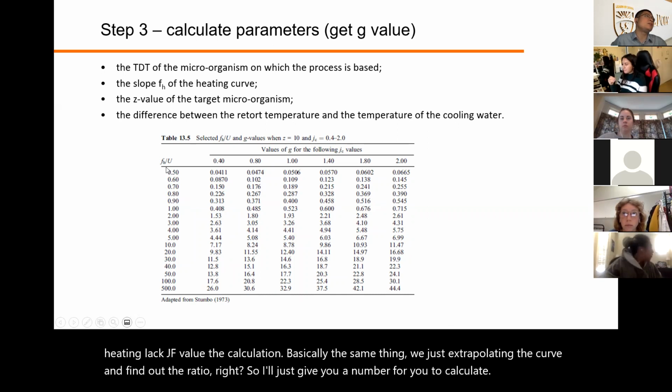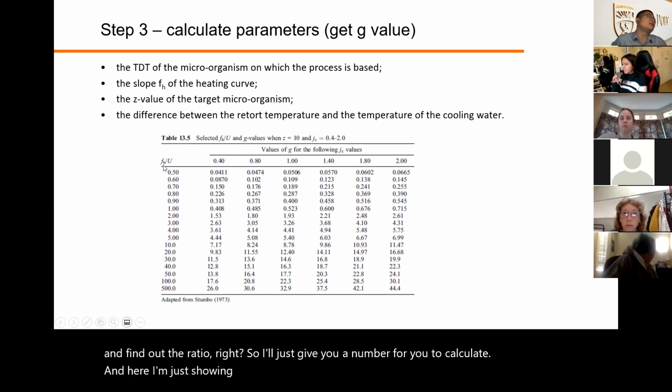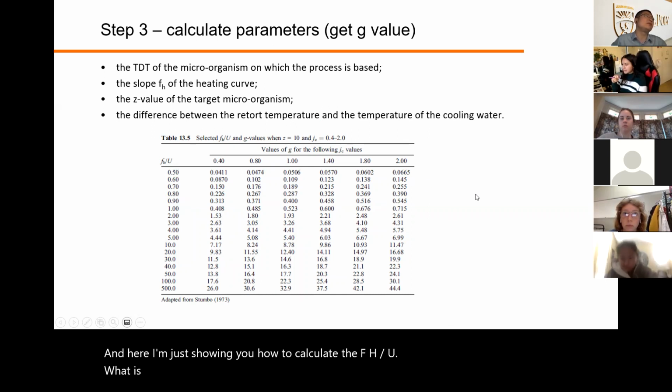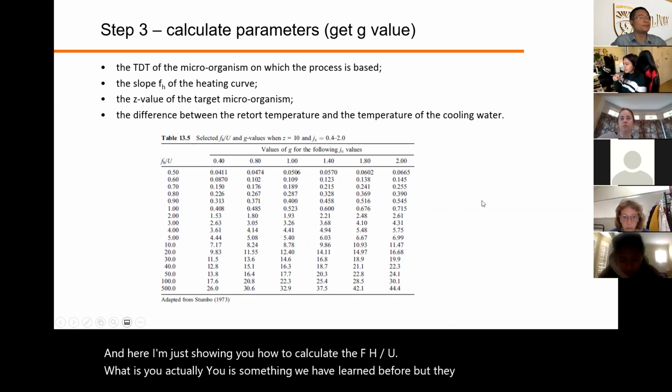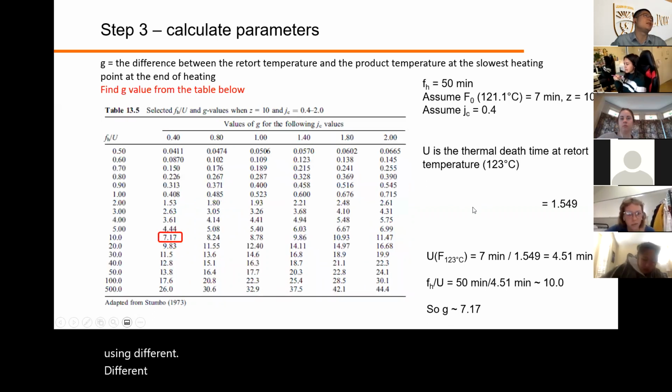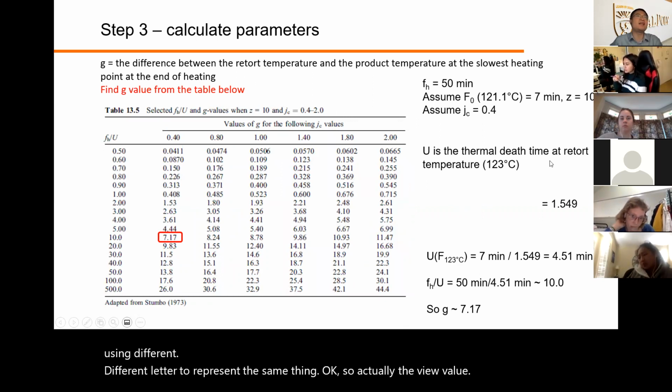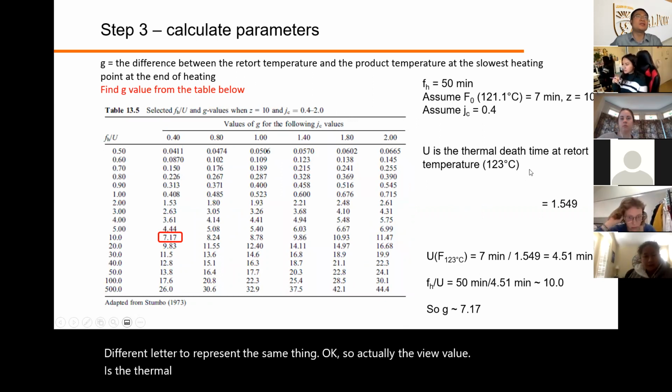And here I'm just showing you how to calculate FH divided by U. What is U? Actually, U is something we have learned before, but people are using a different letter to represent the same thing. The U value is the thermal death time at a retort temperature.